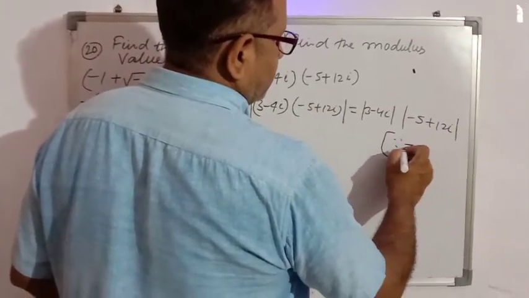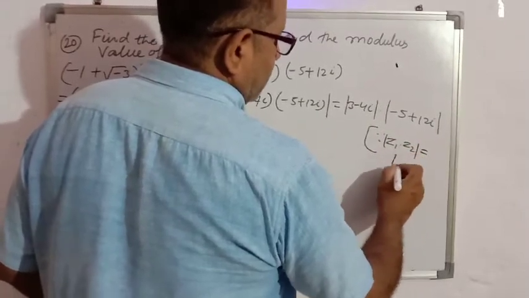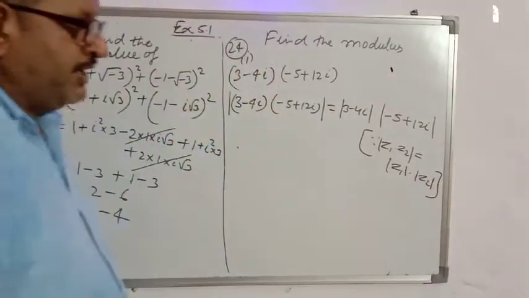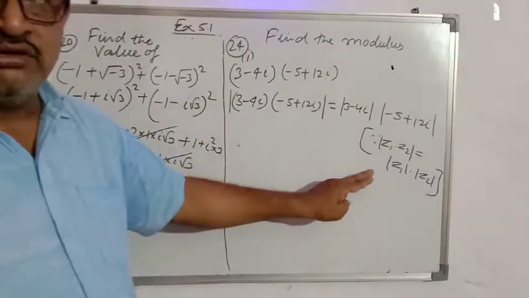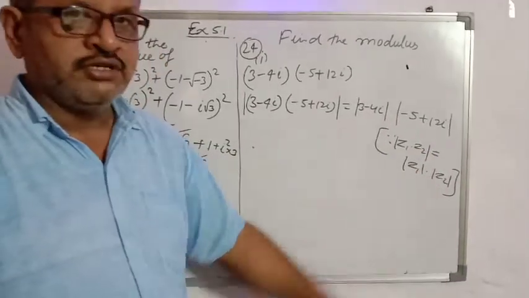Since we know that by the property of modulus, mod of z1 into z2 is equal to mod of z1 into mod of z2.